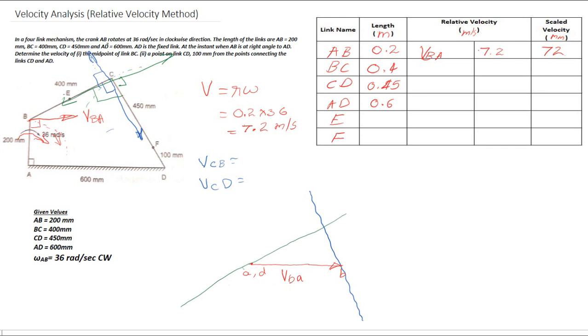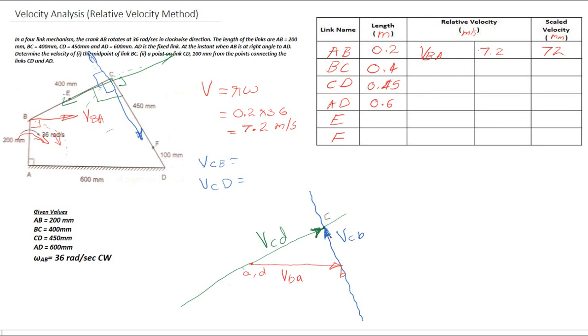Now you can mark the intersecting point as C. Now you can mark the velocity vector VCD, and the direction is like this. And the velocity vector VCB, the direction is like this.